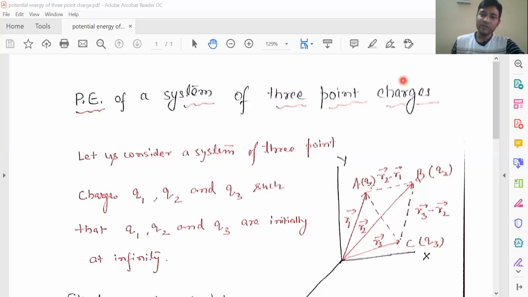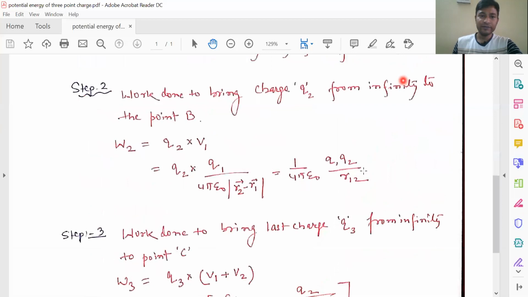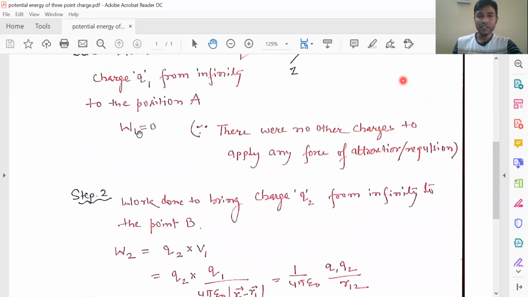So the work done to carry the first charge from infinity to the point is actually zero. So W1 is equal to 0. See the figure here.